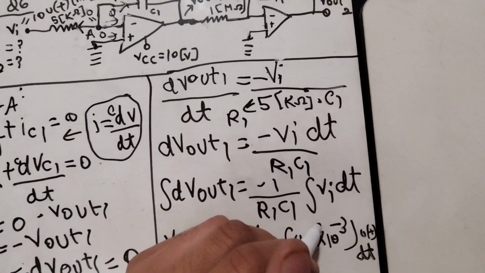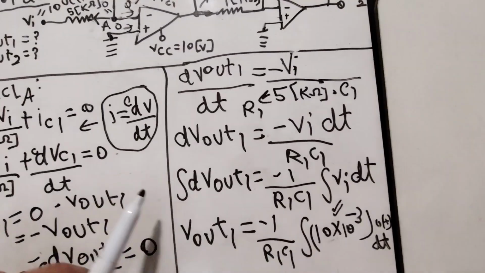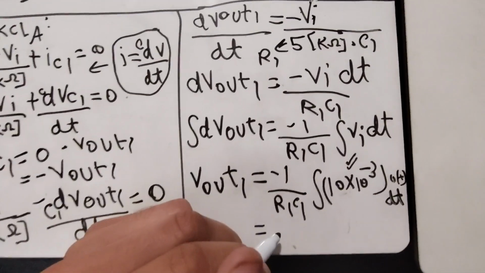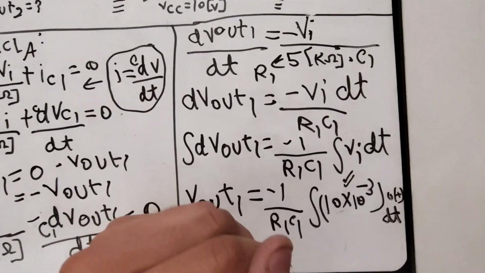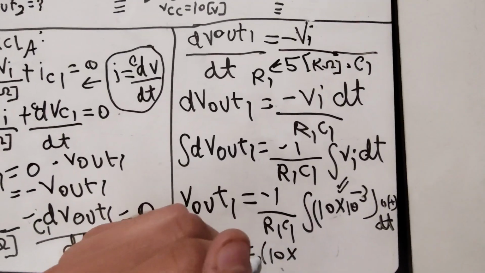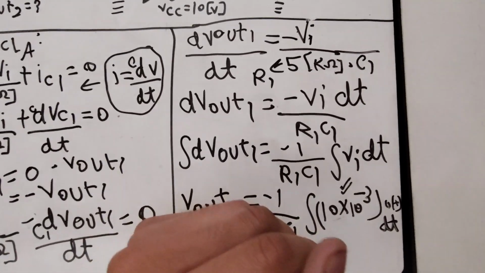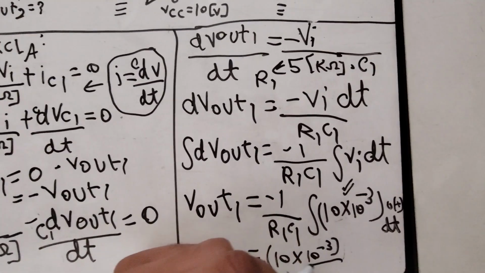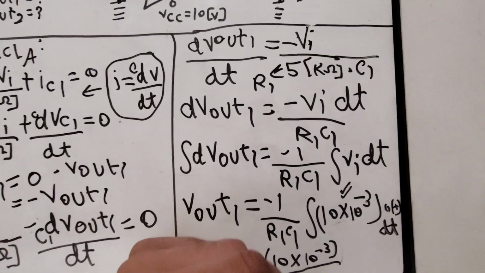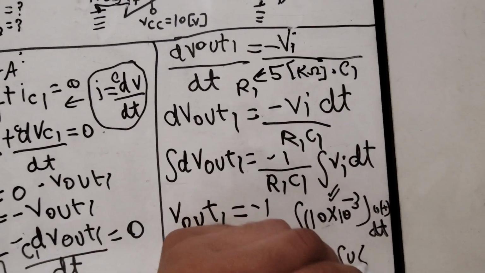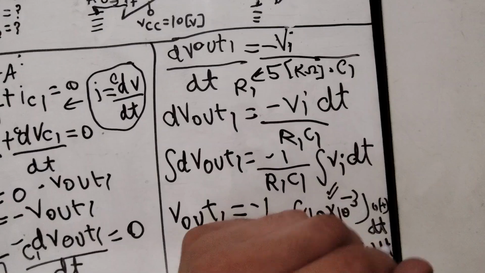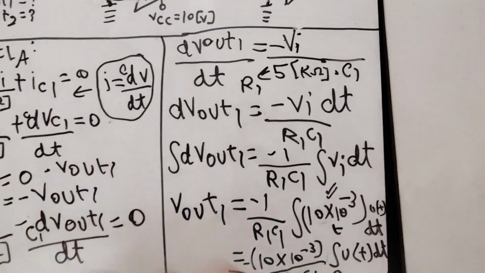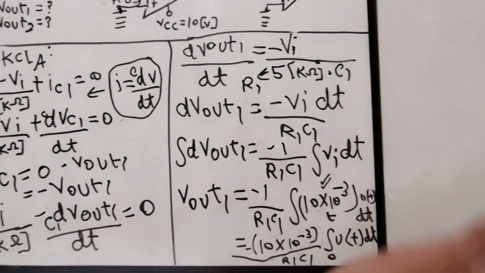This is also a constant, so we move it out, with a negative in front, over R1C1, integral of U of t dt with limits 0 and t.